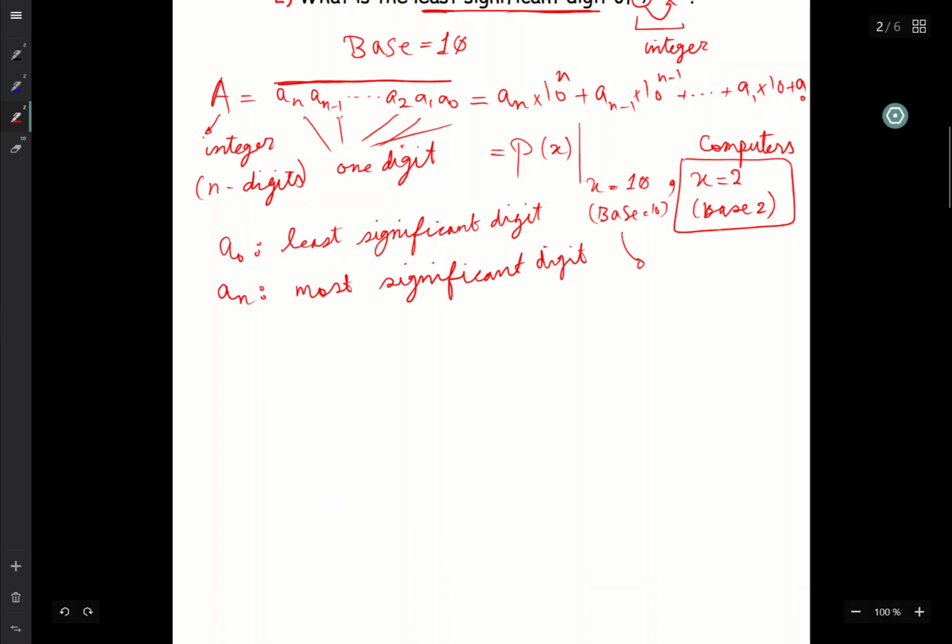But in base 10, each digit ai can go from 0, 1, 2 all the way to 9. Obviously, the most significant digit, we assume that it's not 0, right? So a0, the least significant digit, and sometimes the abbreviations are LSD and MSD.